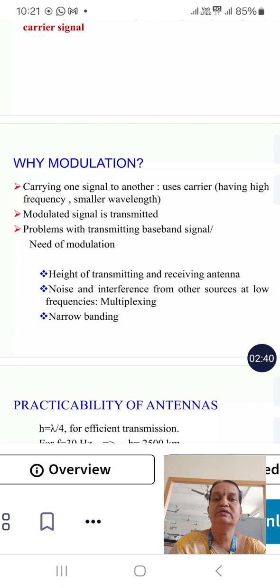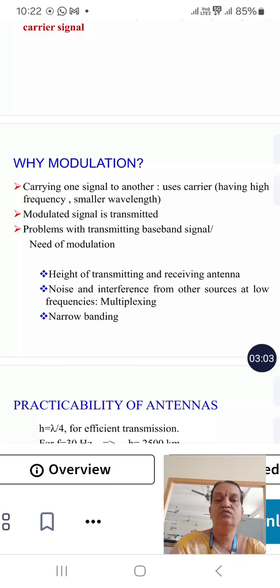The problems with transmitting a baseband signal are, first, the height of the receiving antenna. The antenna we fix for receiving the information becomes very long, that is, very tall, if we do not convert the signal to a high frequency. Second is noise and interference from other sources at low frequencies, multiplexing.